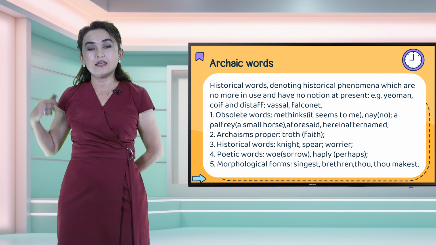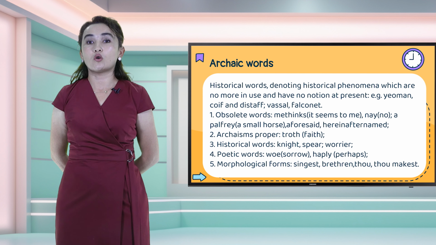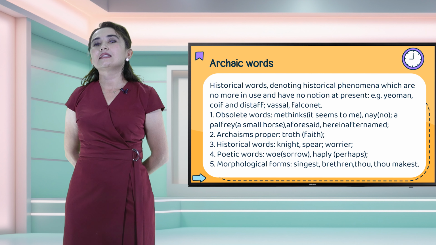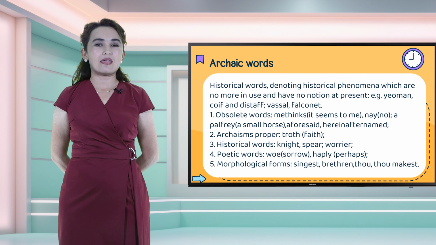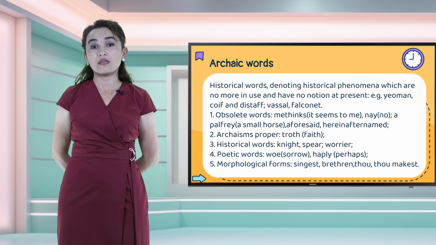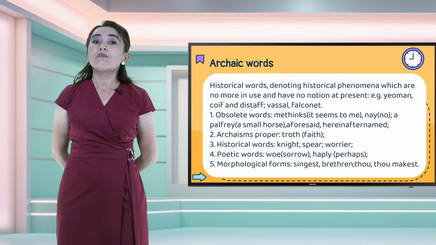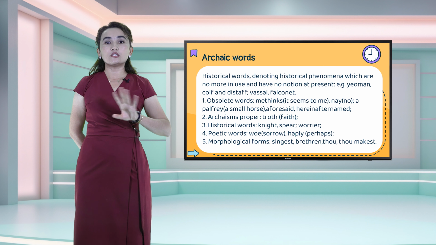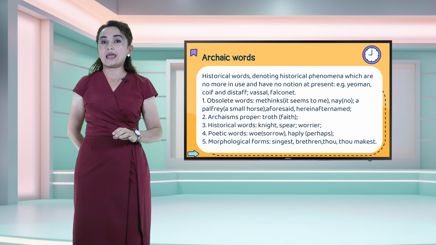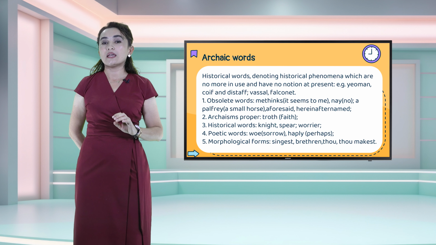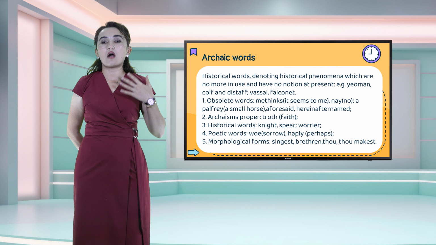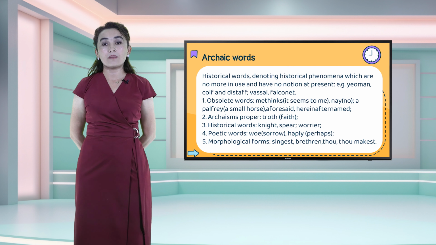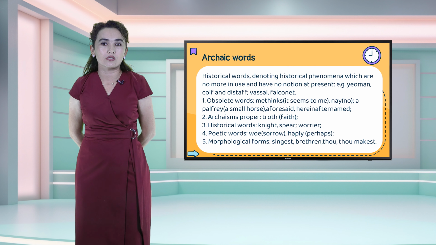Methinks was used a lot in history, and nowadays it means it seems to me. Or nay, N-A-Y, which means no. But methinks, nay, or palfrey have no notion nowadays, and they are no more in use, even in poetry or in our ordinary lifestyle. But they were used.